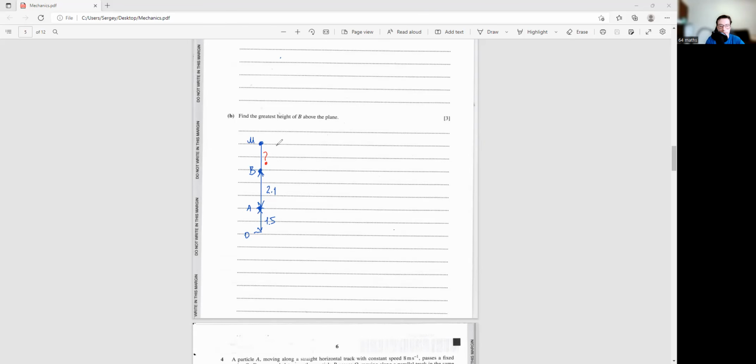So I will call the height BM H. And we can use mv squared over 2 equals mgh, where v is going to be the velocity of the particle at point B. So at this point, velocity is v, which we obviously don't know yet. Okay, now how can we possibly find the velocity at the point B? We'll have to look at the part AB.